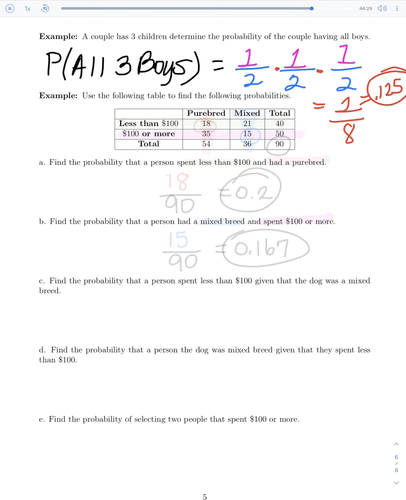Continuing along, find the probability that a person spent less than $100 and had a purebred. So let's take a look. How many people did spend less than $100? Well, that spent less than $100, but we want to make sure something else is also true, and that they had a purebred.